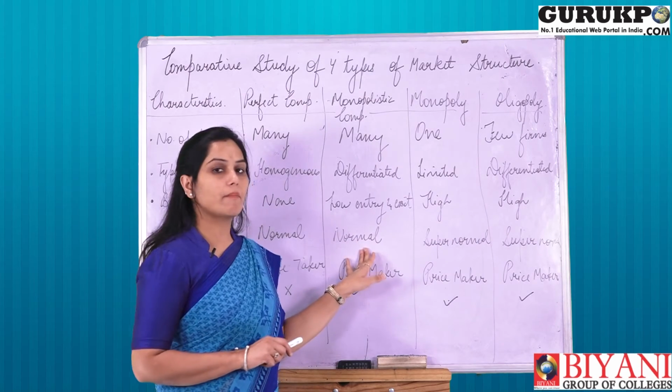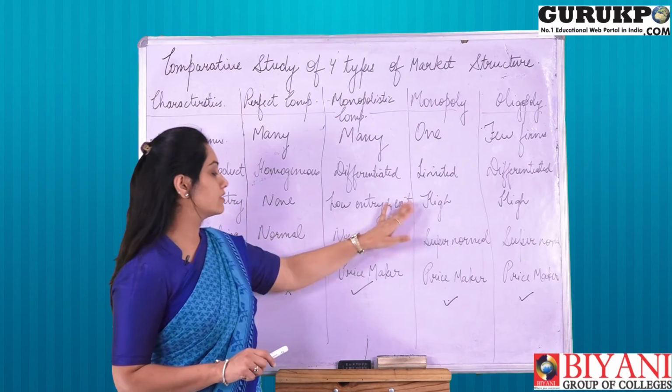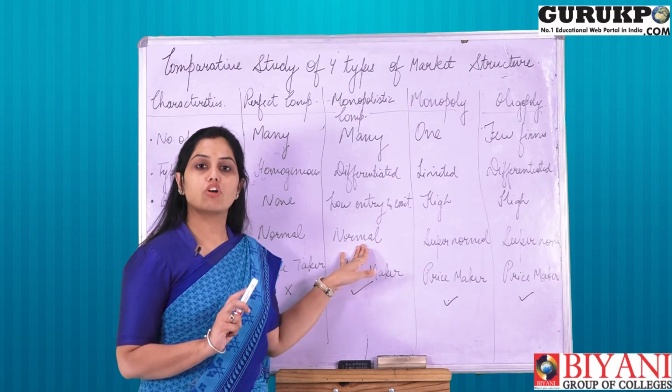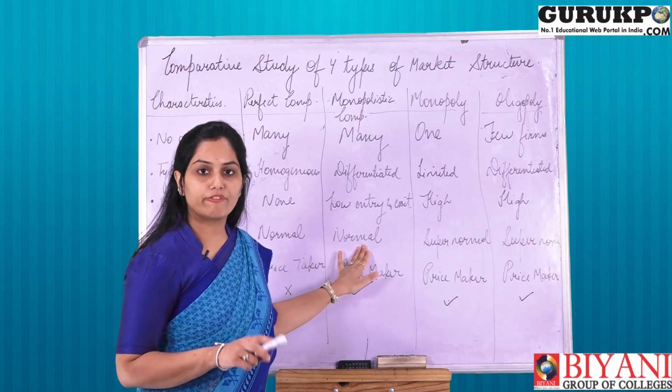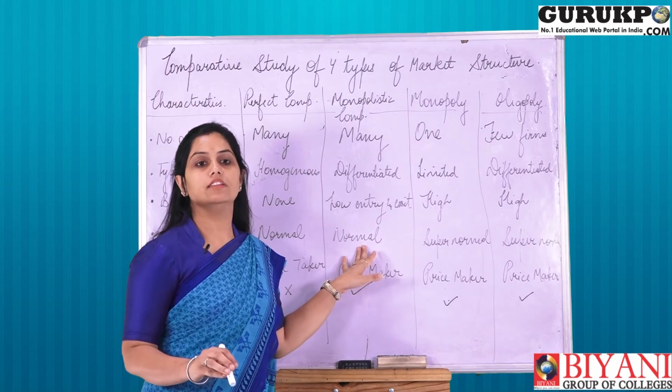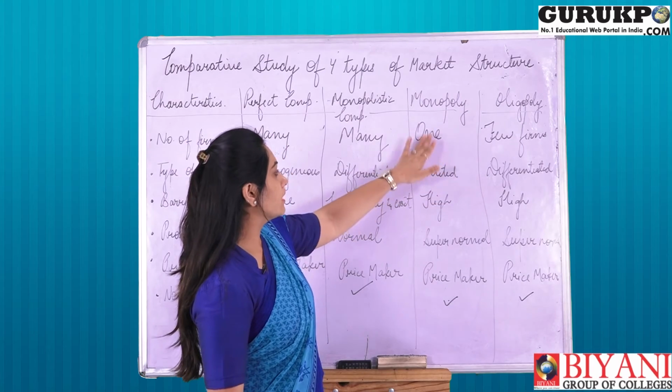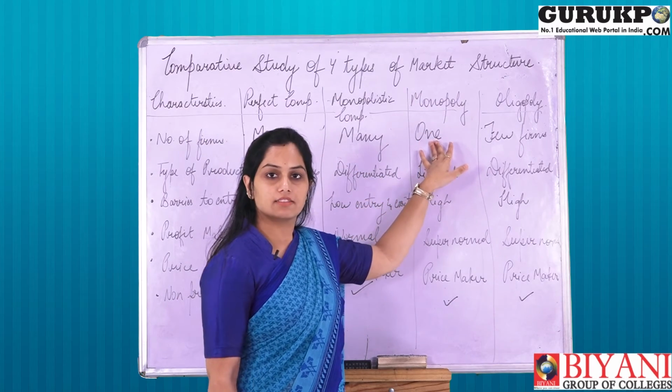Similarly, in monopolistic competition, because of low entry and exit barriers, in the long run the firm will earn normal profit, but in the short run losses can also be earned.